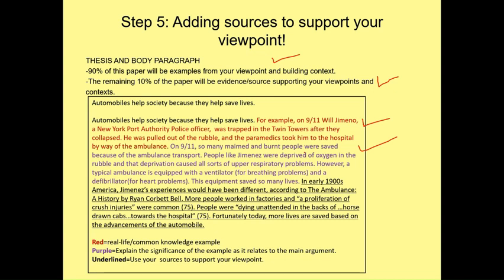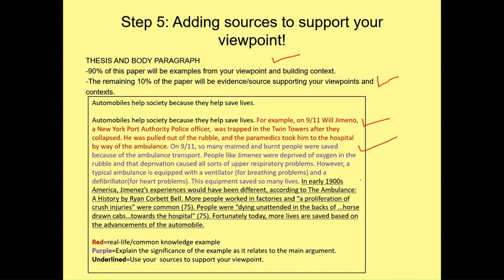Remember, your main argument for this paragraph is that the automobile helps save lives. So here it says on 9/11, so many maimed and burnt people were saved because of the ambulance transport. People like Jimenez were deprived of oxygen in the rubble, and that deprivation caused all sorts of upper respiratory problems. However, a typical ambulance is equipped with a ventilator and a defibrillator. This equipment saves so many lives.